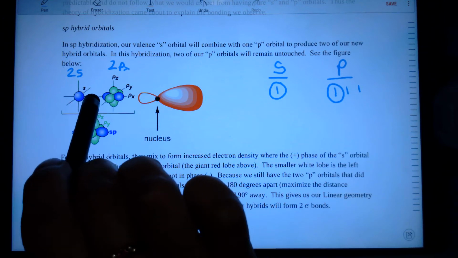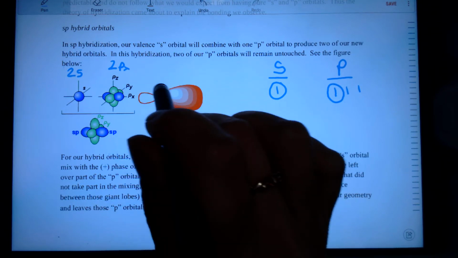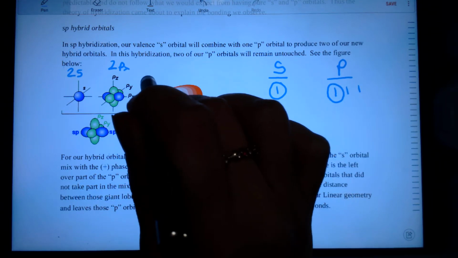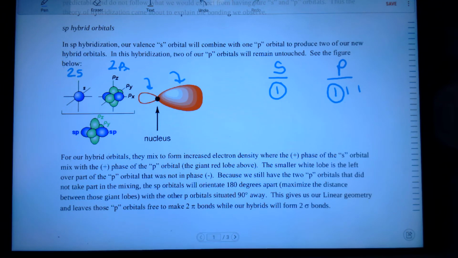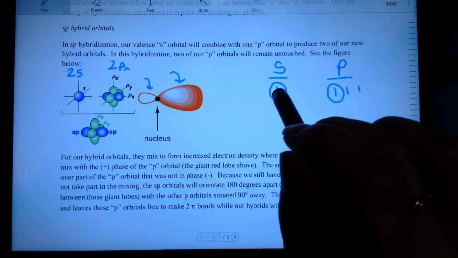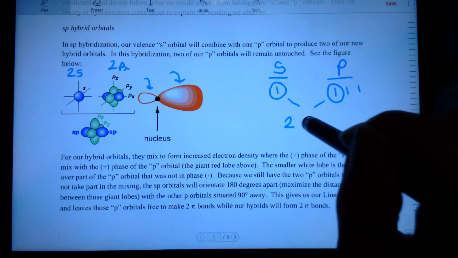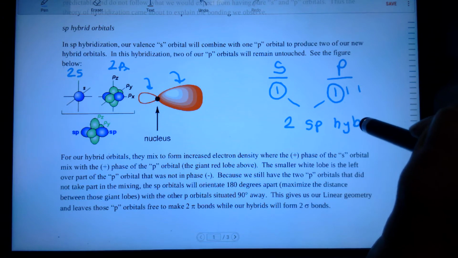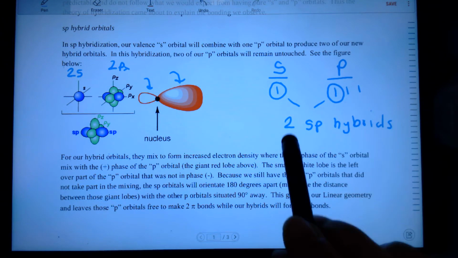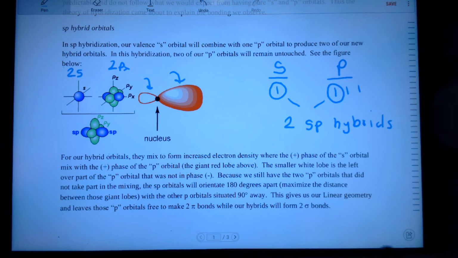If we take those two and combine them together, we get this hybrid orbital, where we have the out of phase here, and then the in phase constructive interference giving us this giant end to this lobe. So we're going to form two sp hybrids, and then we have the two other additional P's that we didn't touch.